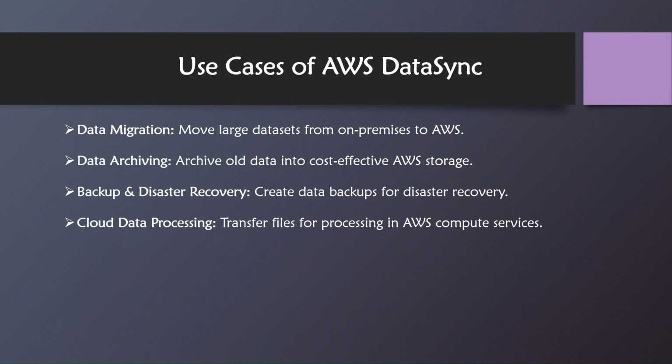For example, you might transfer a large data set to Amazon S3 and then use AWS services for machine learning, big data analytics, or real-time processing. DataSync simplifies the movement of data from on-premises systems to the cloud, enabling faster data processing in a secure, scalable environment. So these use cases demonstrate the versatility and power of AWS DataSync for organizations looking to improve their data transfer, storage, and processing workflows in the cloud.